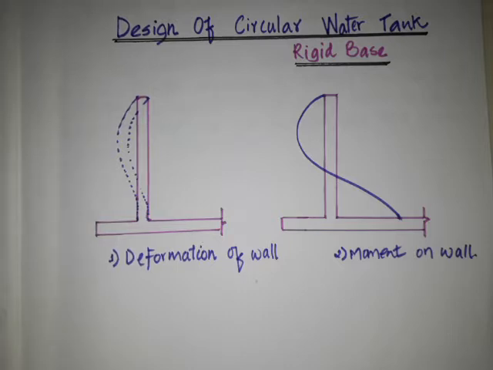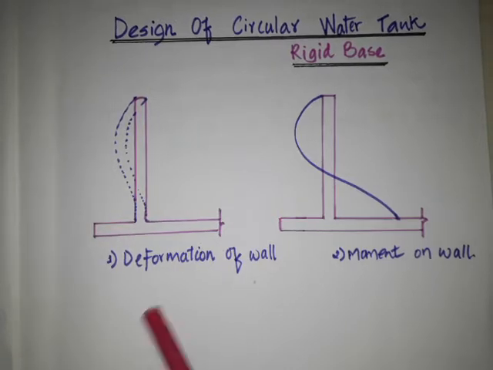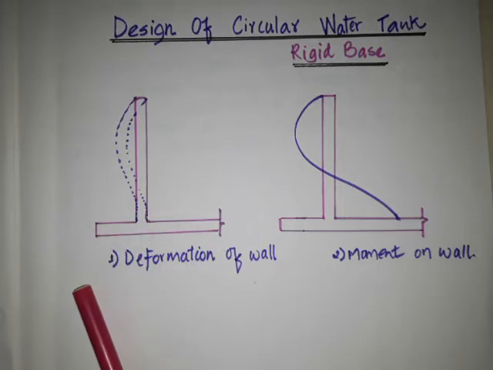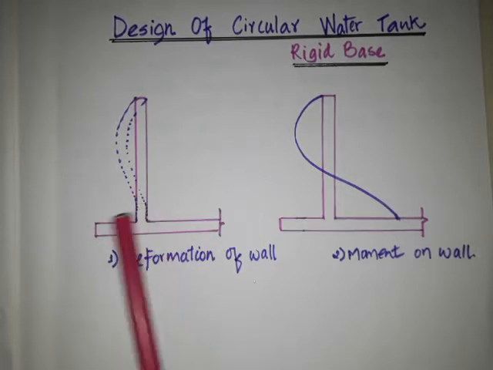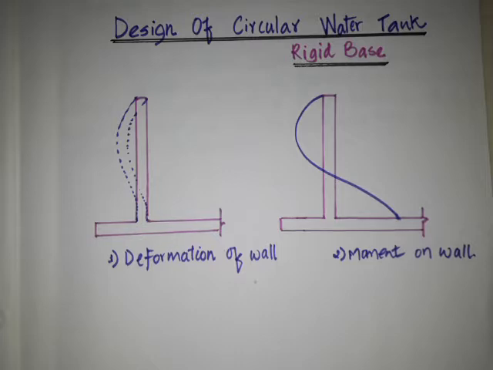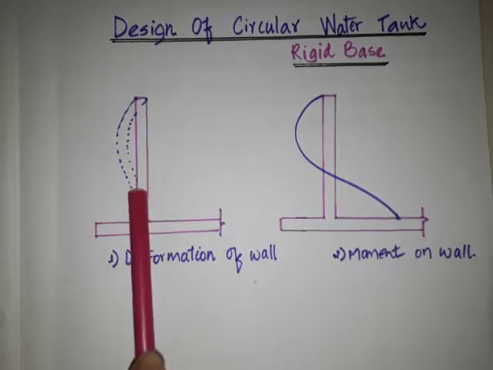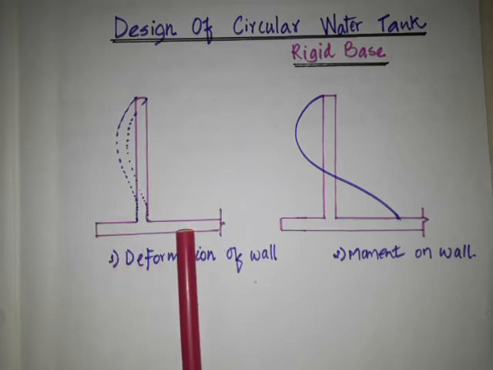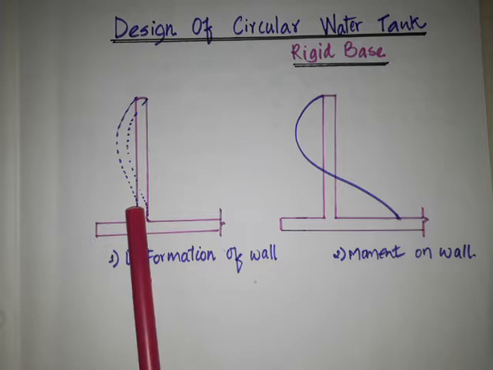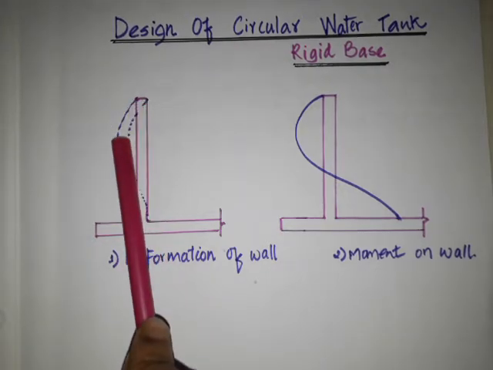So before going to the design problem, we are going to understand how the behavior will change because of the rigidity at the end of the wall, the fixity of the wall and the floor slab. My dear students, you can see here the deformation or deflection shape of the wall.